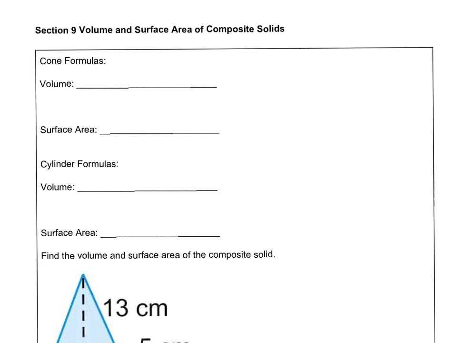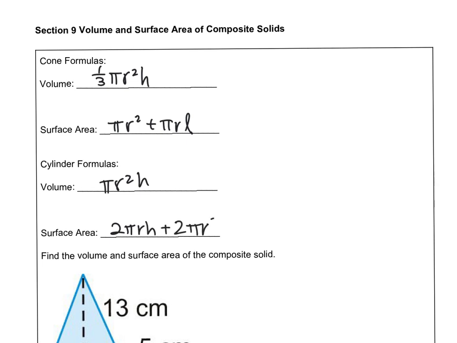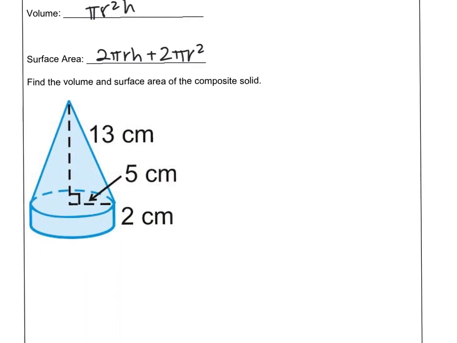So from our formula sheet, the cone has a volume of 1/3 pi r squared h, and the surface area is pi r squared plus pi r L. Cylinder has a volume of pi r squared h and a surface area of 2 pi r h plus 2 pi r squared. Okay. So the nice thing about volume for composite solids, you just find the volume of each solid and add them together. That one's pretty straightforward. It's the surface area that gets tricky.